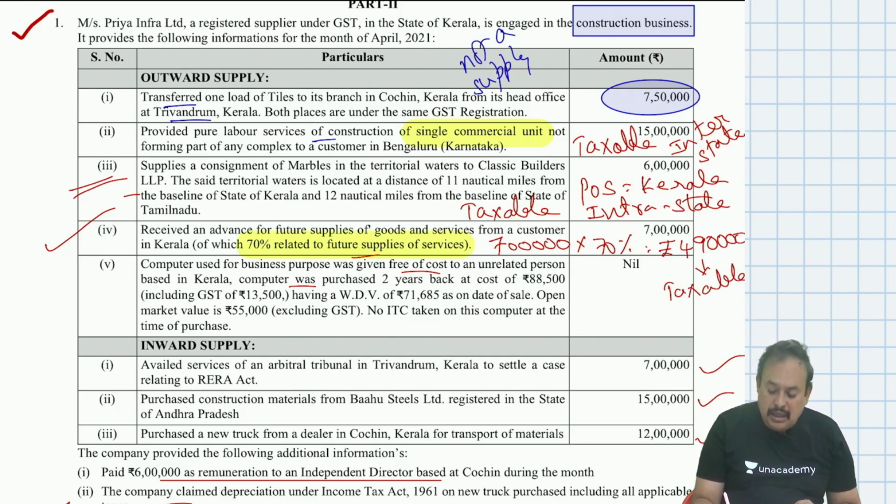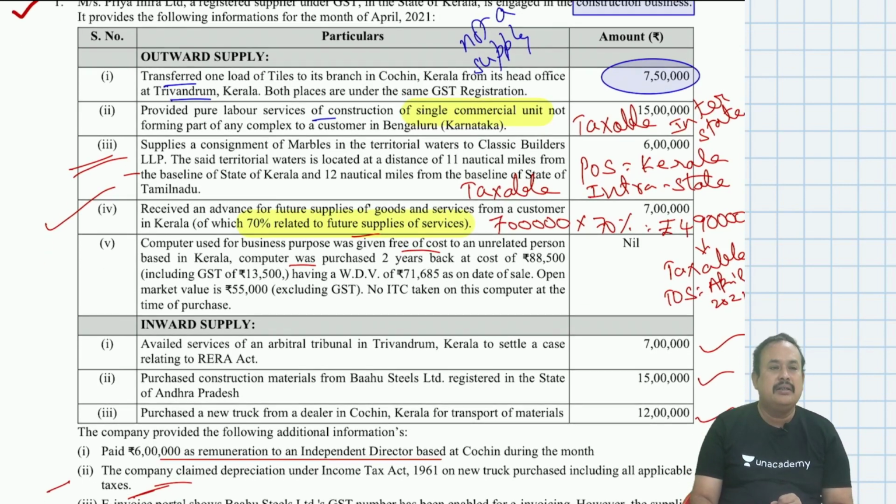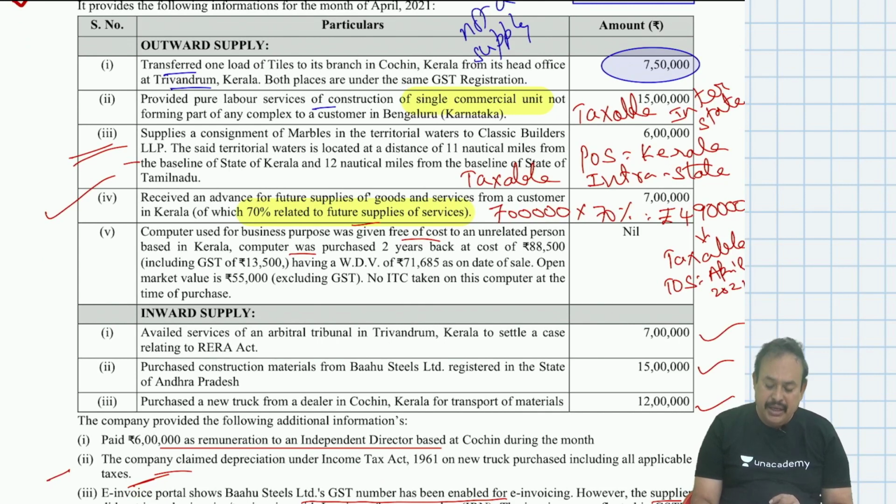Time of supply is in the same month of April 2021. The taxable supply will attract GST. Here, from where did they receive the advance? From a customer in Kerala. So CGST and SGST at 9% each will apply.